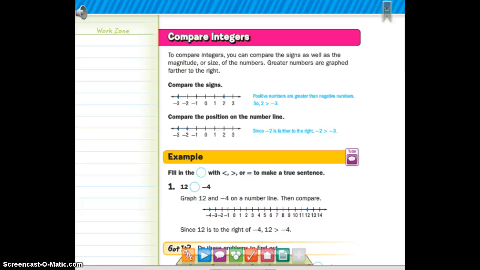Remember, when you're comparing integers on a number line, it is important to denote which numbers are positive and which numbers are negative, and more importantly, which way to put the inequality sign. I've already showed you in class, but we're going to put it in our notes. Less than, greater than, and equal to. Less than, you can put the word less in there.